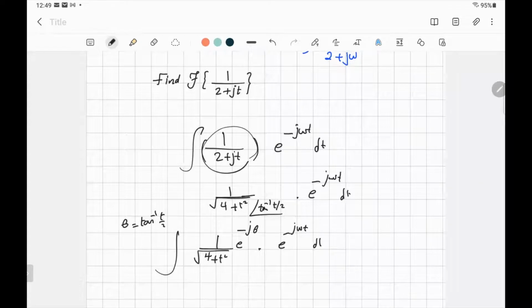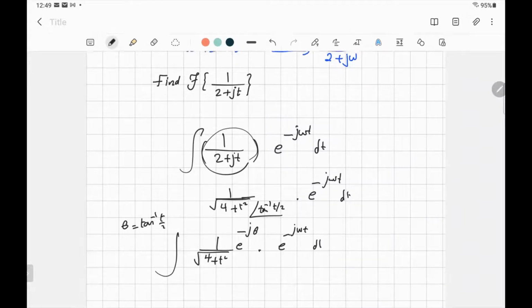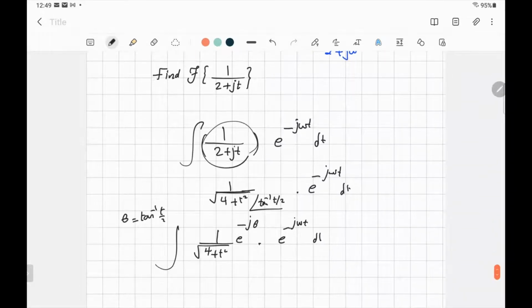Of course, there are tables for integration. You can look at the table and do it, but it will take time. So how do I do that? Using the property of duality. Let me show you how I'll do that.